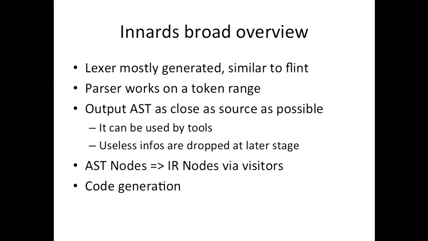What is the process inside this whole machinery? So to begin with, you have the Lexer that is mostly generated automatically. It's very similar to Flint. I don't know if you know about it. This is like a C++ Lexer and linter, actually. The parser works on the token range that is given by the Lexer.